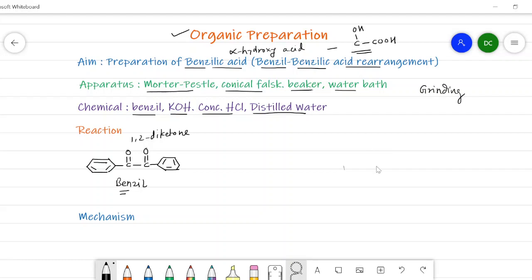So on the product side, we will get the structure which has a C single bond OH and COOH. These two carbons are nothing but the carbons of the carbonyl groups. And here the benzil is rearranged to the corresponding benzilic acid.